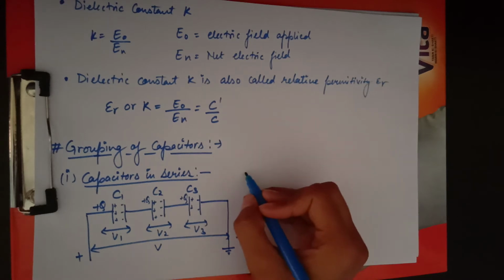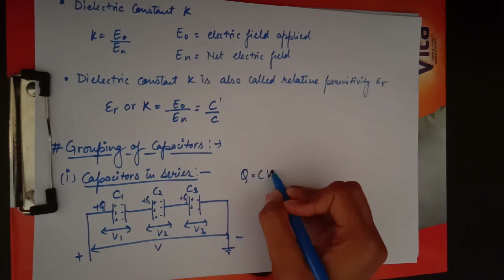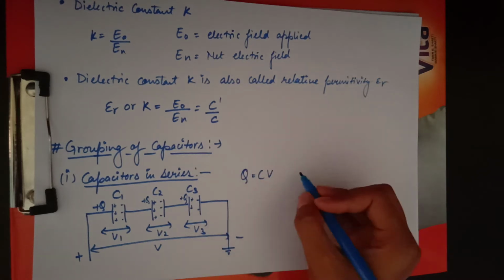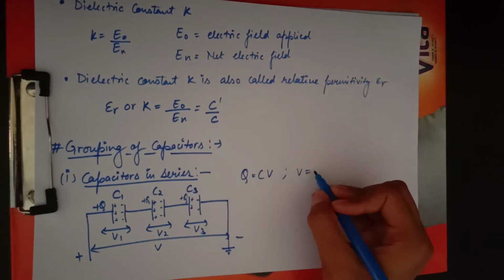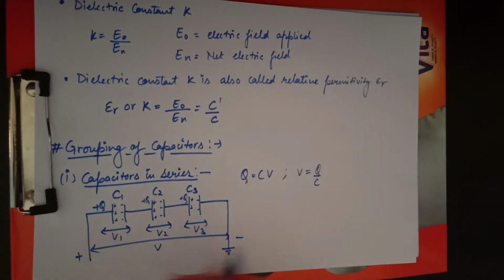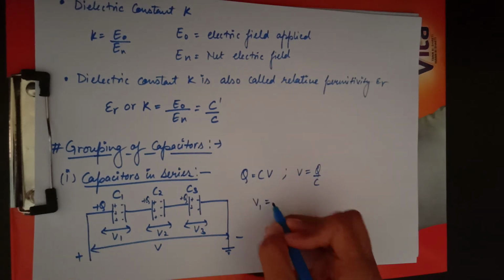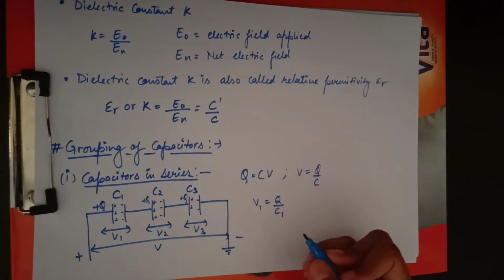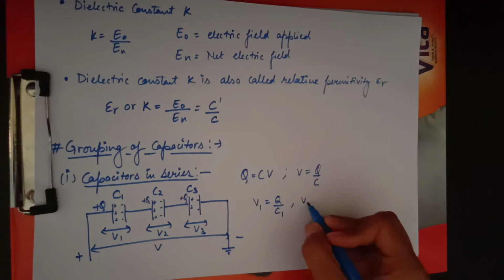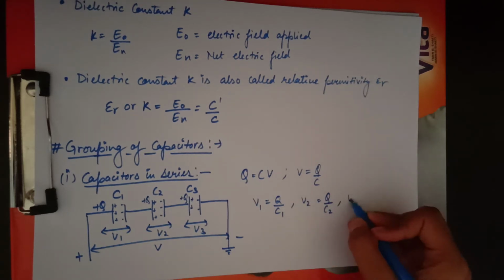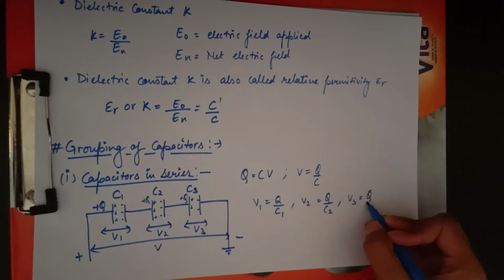From the formula Q = C V, or V = Q divided by C, for the different capacitors I can write V1 = Q divided by C1, V2 = Q divided by C2, and V3 = Q divided by C3.